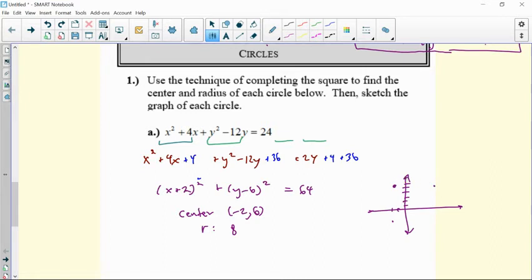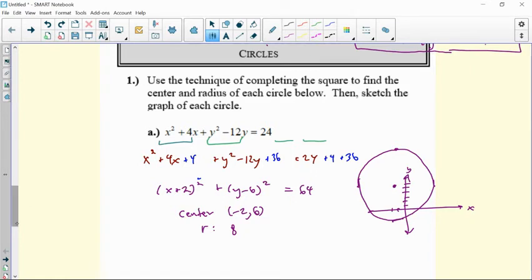And I don't know if on your homework you have grids or not. I know in quizzes I often give grids, so it's easier to get a more accurate sketch. So at least going 8 in each of those directions, and then go ahead and draw a circle, as best you can. Doing this on a Chromebook definitely is not the best for making that accurate sketch, or a perfect circle, but that's okay.